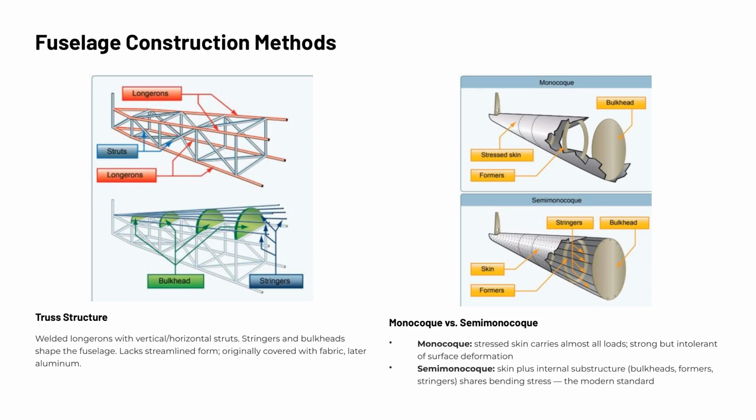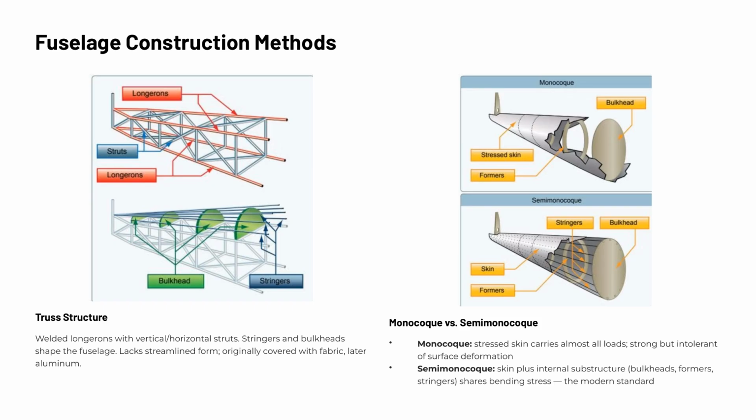Monocoque construction takes a completely different approach, relying almost entirely on the outer skin to carry structural loads. While this produces a very strong and clean aerodynamic shape, it has a significant weakness. Any deformation or damage to the skin directly compromises the structural integrity of the entire fuselage. That limitation led to the development of semi-monocoque construction, which is the industry standard used in virtually all modern aircraft.